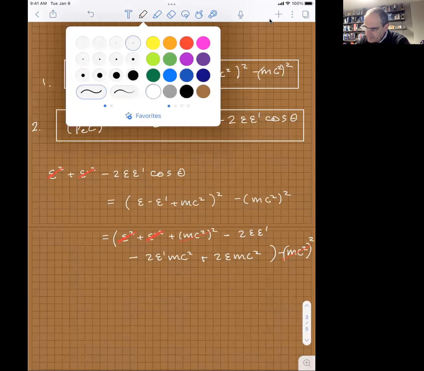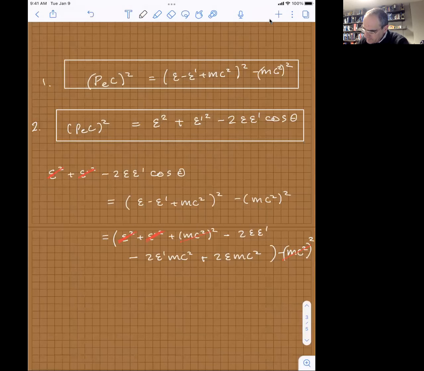We have minus 2EE prime cosine theta is equal to minus 2EE prime minus 2E prime mc squared plus 2E times mc squared.